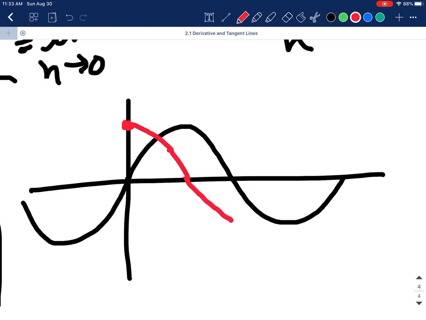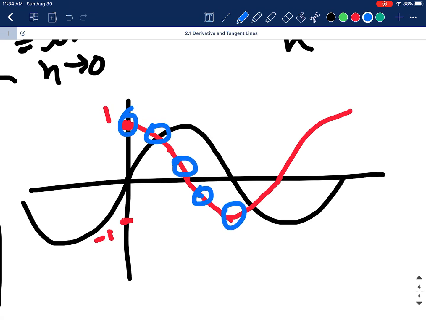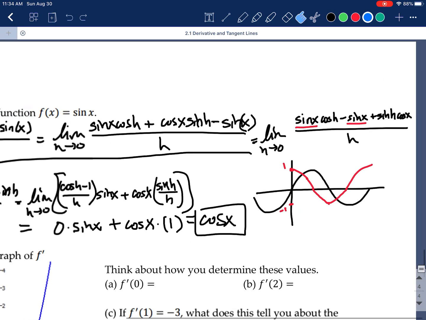So as I sketch here, that'll be the steepest value of my slope when it's negative 1, and 1 of course. And then it's just going to go back up, etc. So each one of these red points is the slope of my sine curve in black. All right.